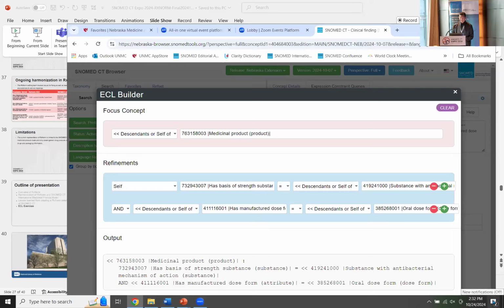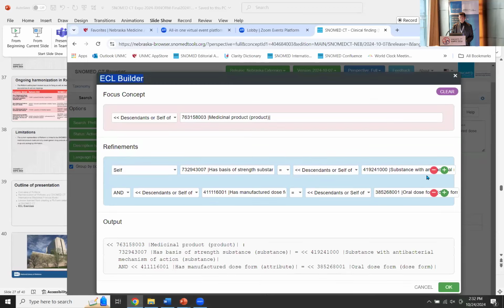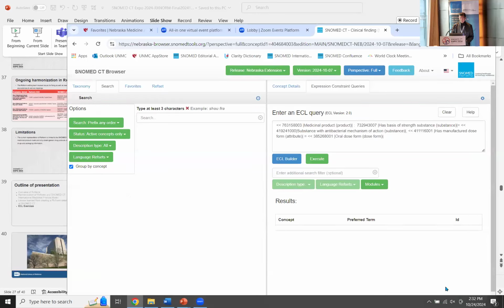And as Kinhwa said, we're looking for any medicinal product that has a basis of strength substance of something that's an antibiotic, and we're looking for a manufactured dose form of oral dose, any oral dose form, okay? And then if you scroll down, Kinhwa, you can finish up, and then you can go back and execute.